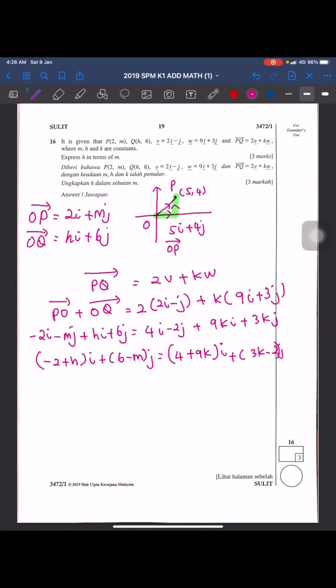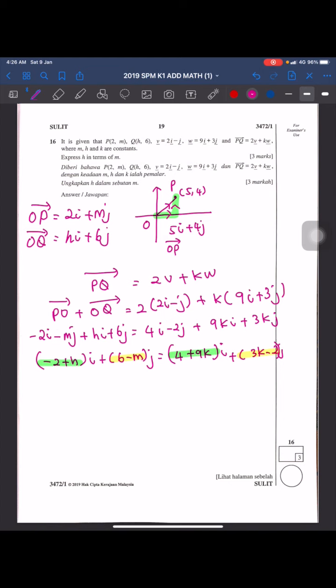Okay, so di sini apa yang jadi? Kita ada i dan kita ada j. Next apa yang kita boleh buat? Express h in terms of m.